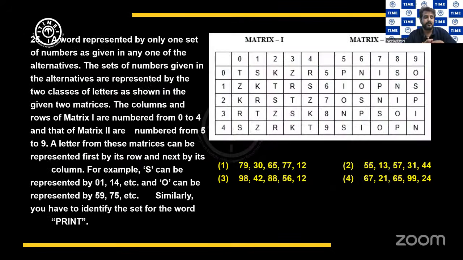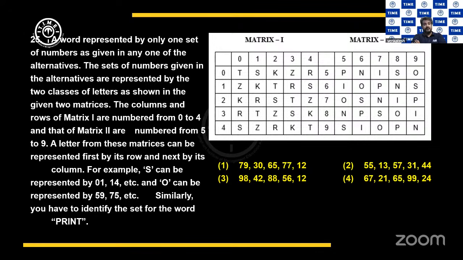This is a different kind of question, what we call matrix coding. There you can see two matrices, matrix 1 and matrix 2. Read the instructions once. A word is represented by only one set of numbers as given in one of the alternatives.